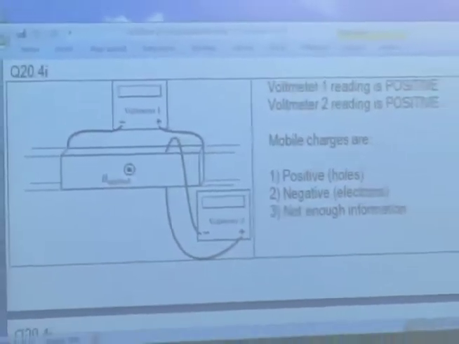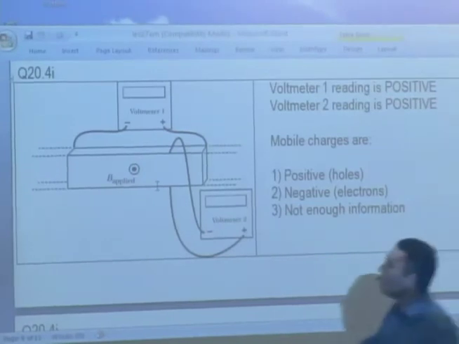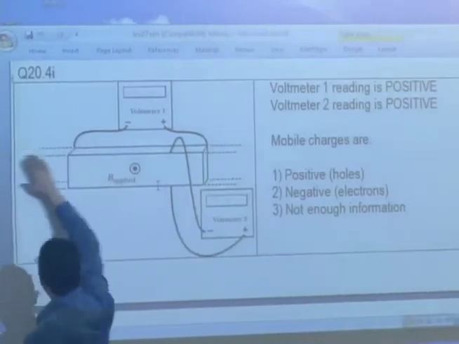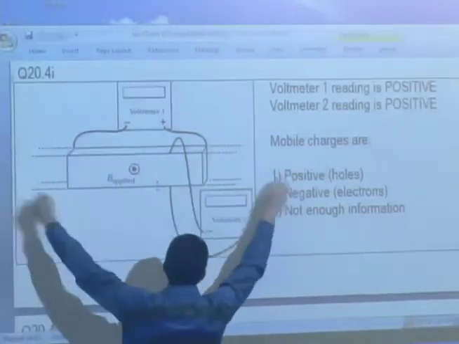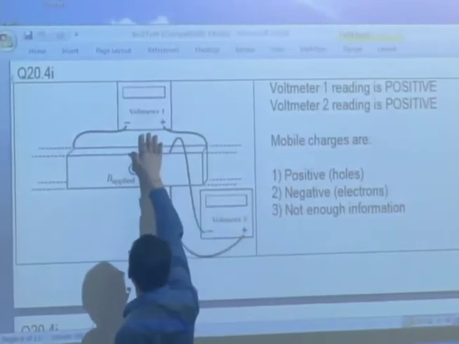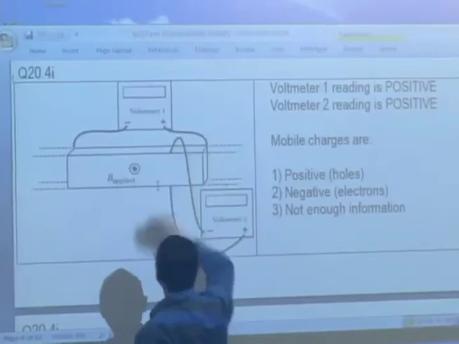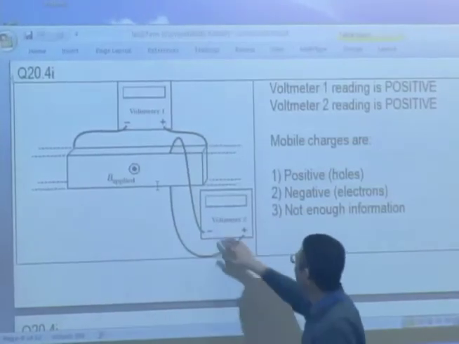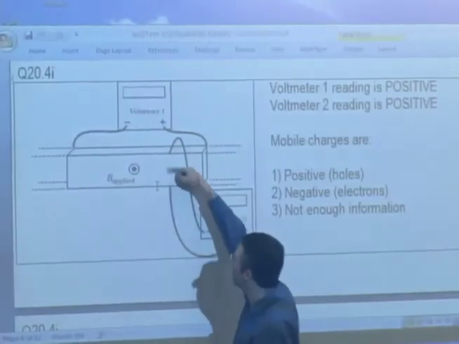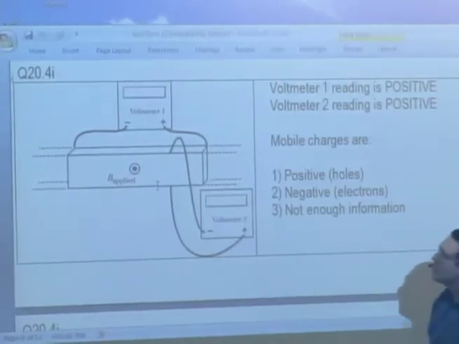So another application of the Hall effect here, we have a long bar, and I'm just showing a cross-section of this bar. You can imagine this bar connected to a circuit somewhere, and it stretches out along the x-axis. Voltmeter 1 measures the potential difference across the length of the bar, and voltmeter 2 is measuring the potential difference perpendicular to the length of the bar.